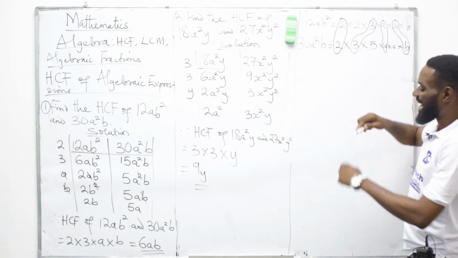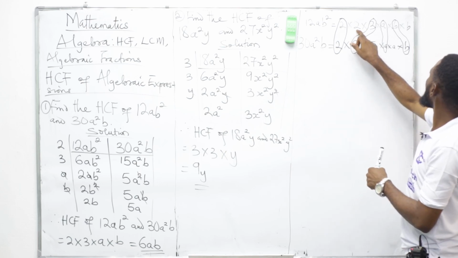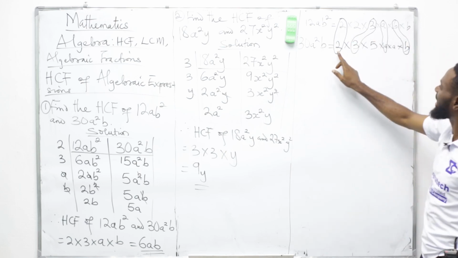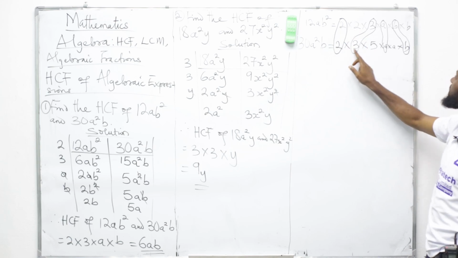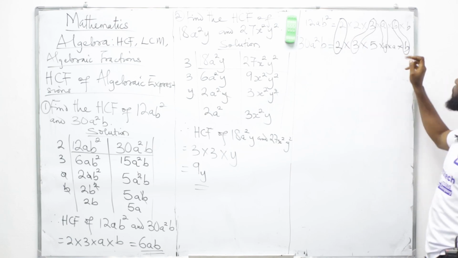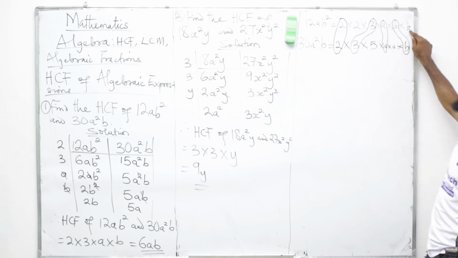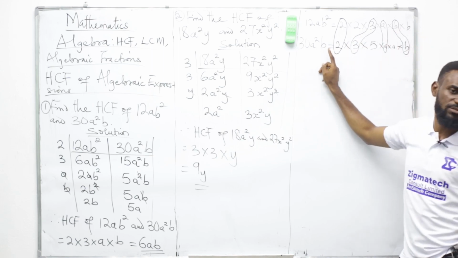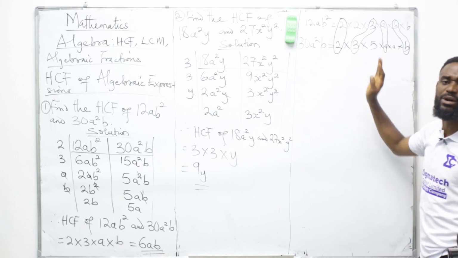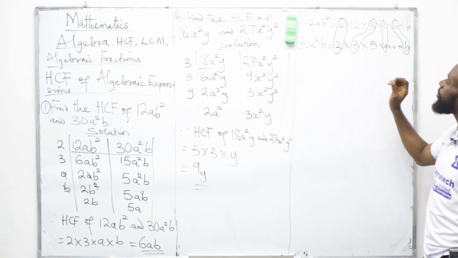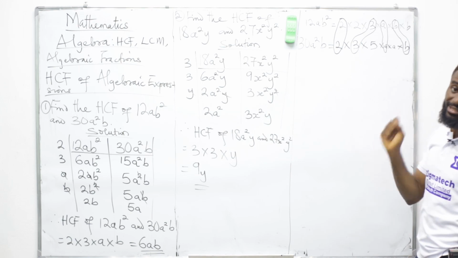So here we are left with 2 and b. Now if we look at this place, there is no place to match 2 with here. There is no 2 here. Now we go to the other thing we have not matched. Which other thing is that? b. There is no other b here to match it with. Do you understand that now? So now to get the HCF of this, we take only those things that have been matched.